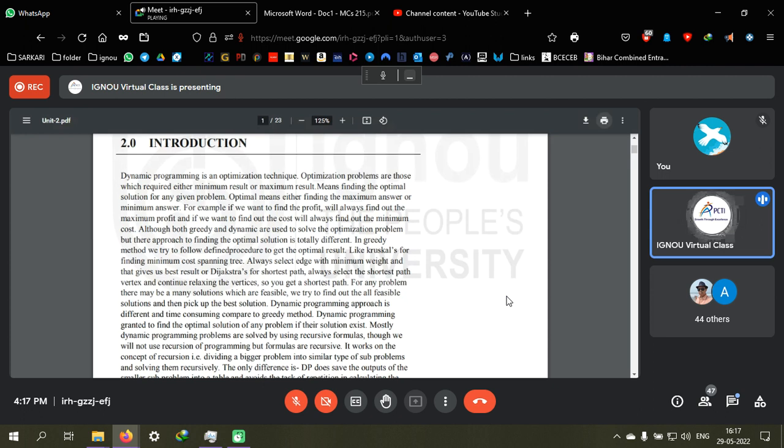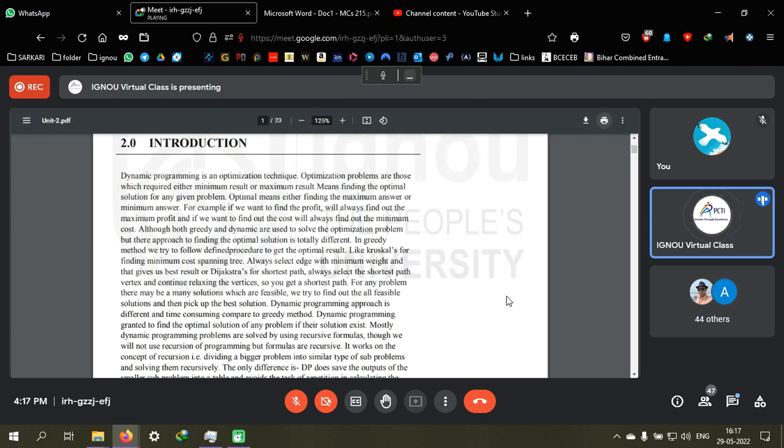Whereas the dynamic programming approach is different and time consuming compared to a greedy method. Dynamic programming is guaranteed to find the optimal solution of any problem if a solution exists.